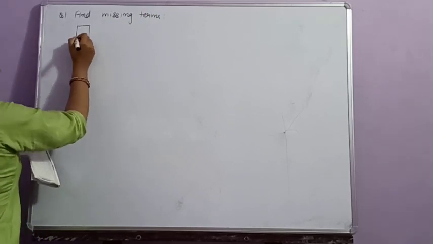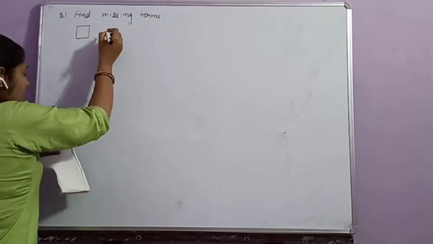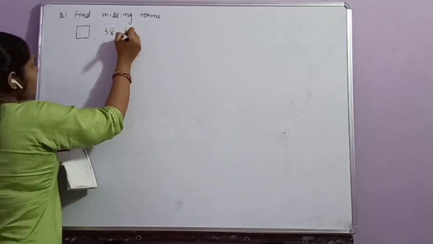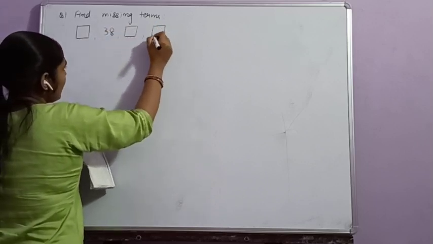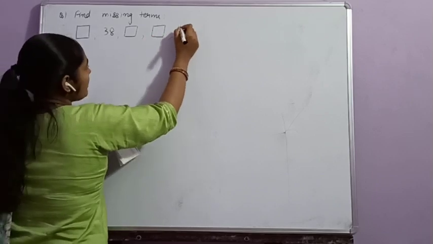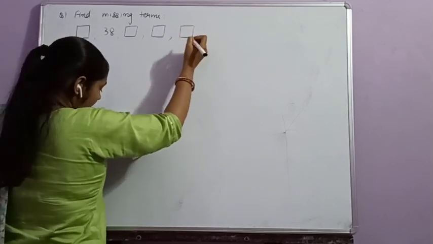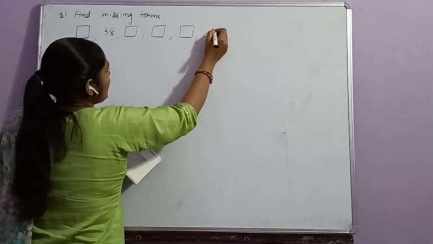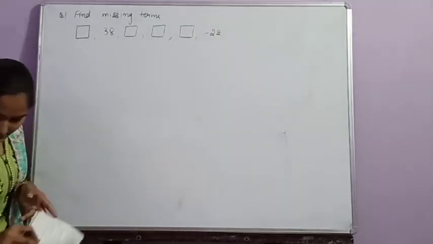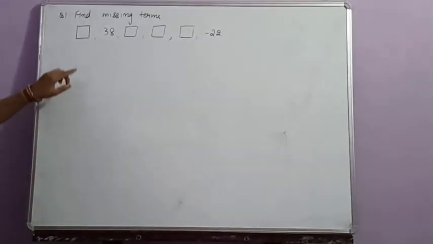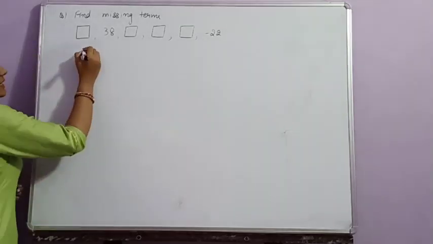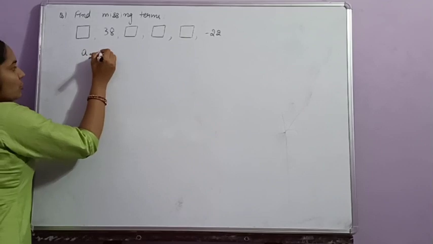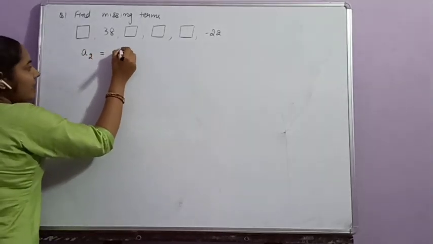The first term is missing, the second term is 38, the third term is also missing, the fourth term is also missing, the fifth term is also missing, and the sixth is minus 22. Here the first term is a, and the next term given to us is a2, that is 38.